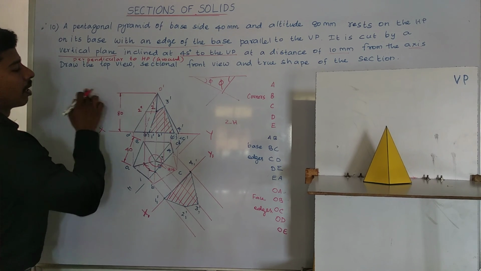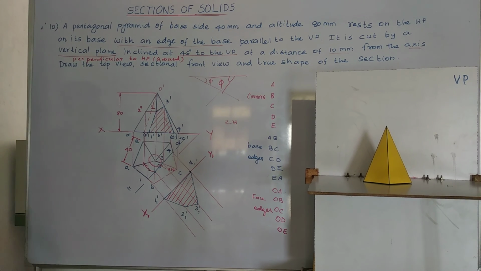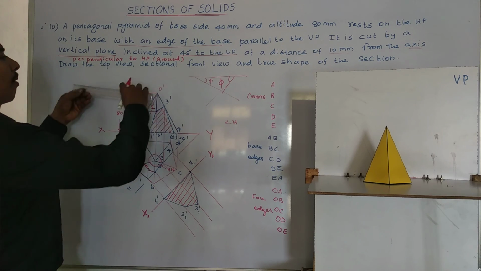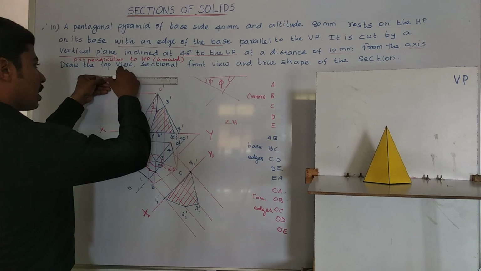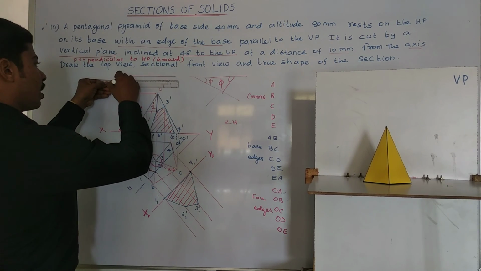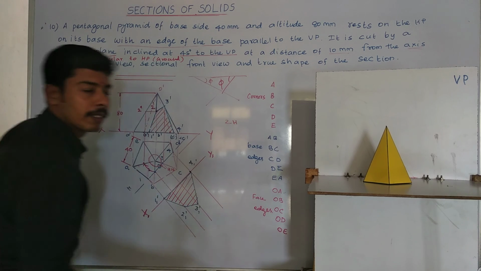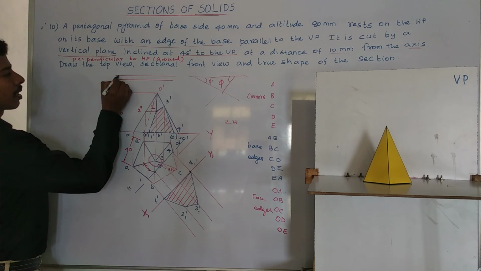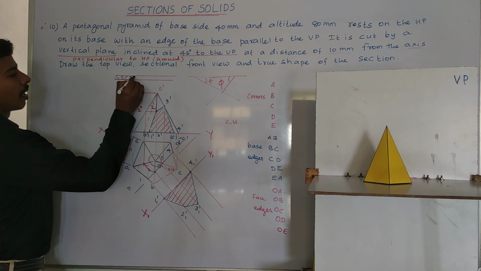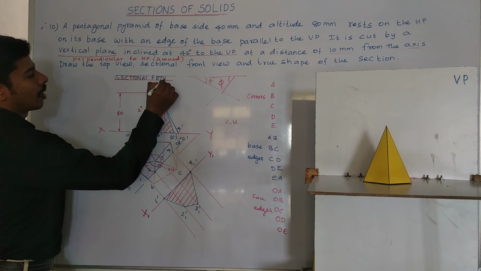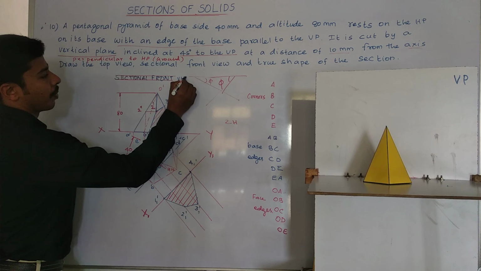Then mark true shape, or this is sectional front view. We can write one guideline about 3 millimeter in height. So I write sectional front view.